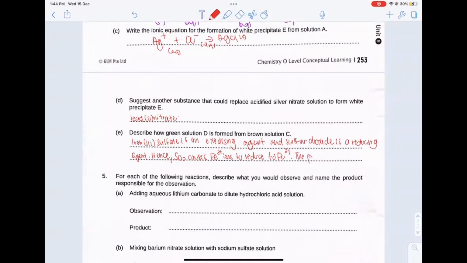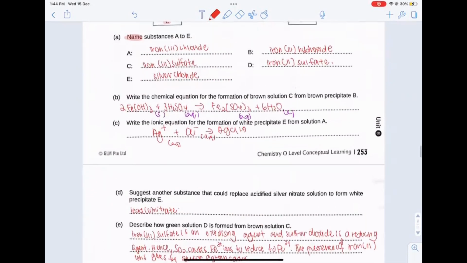The presence of iron(II) ions gives the solution a green color. Okay, so this is how D is formed from C.